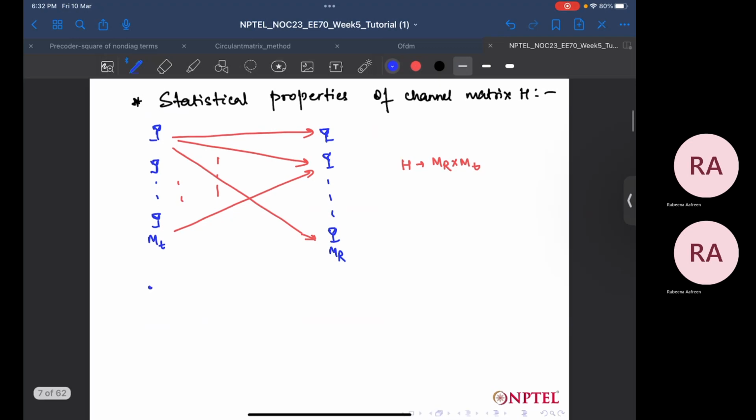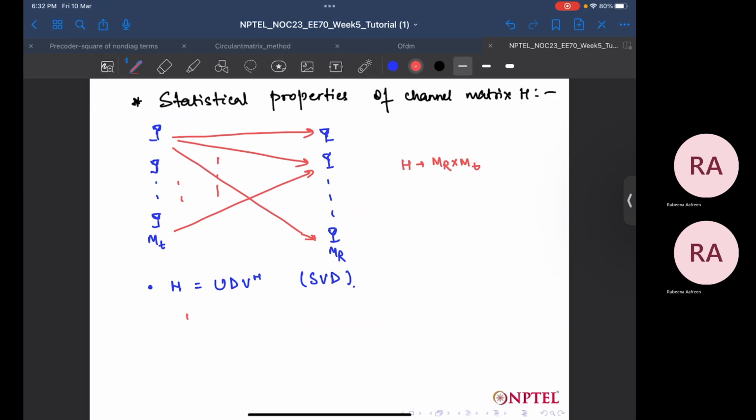First thing is that this H can be decomposed as U D V Hermitian, that is the singular value decomposition. Okay. Now we all know that this U matrix and V matrix are unitary matrices.